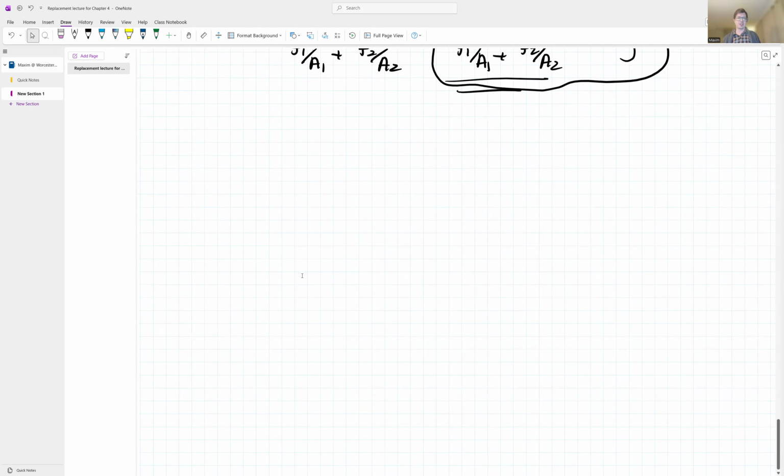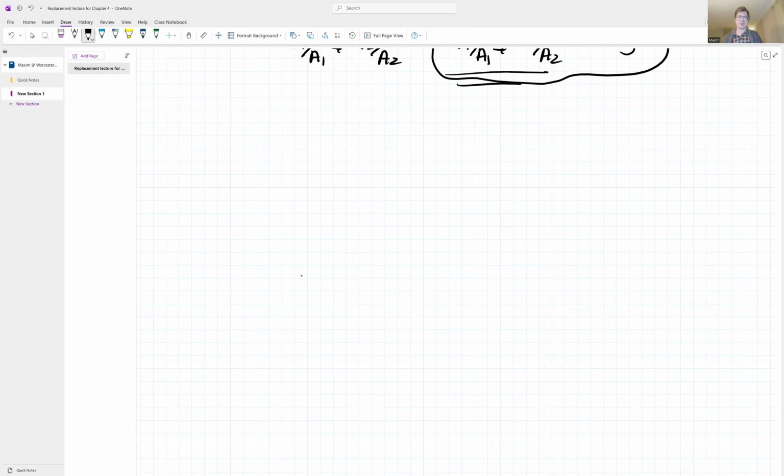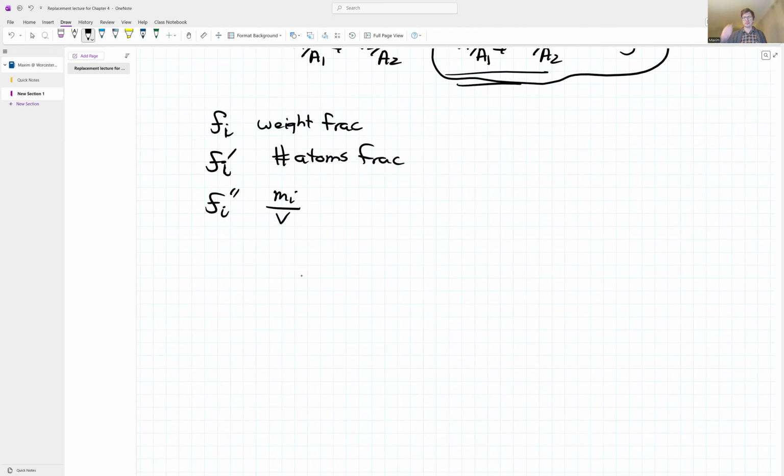So maybe just to summarize, again, we have the three different kinds of fraction: by weight, by number of atoms, and then this one, which is for a component I. It's the fraction of component I, or double prime, which was the mass of component I divided by the volume of the material. And to go between masses and volumes, you need the density, rho.